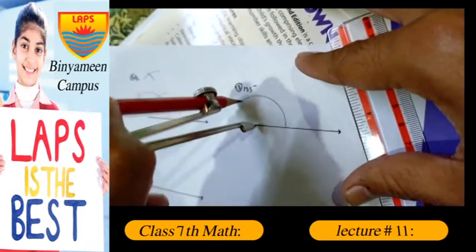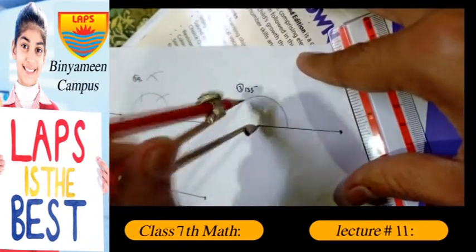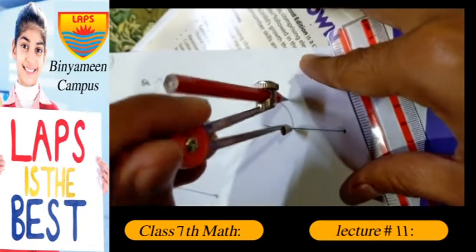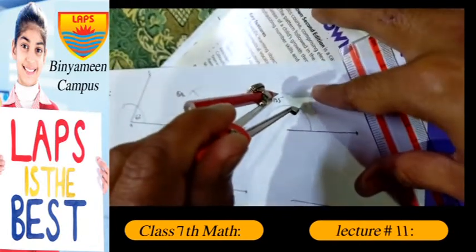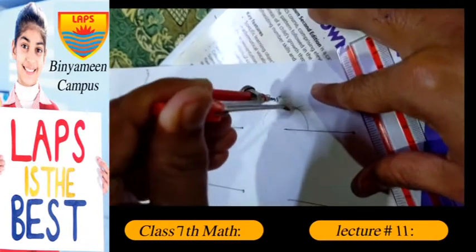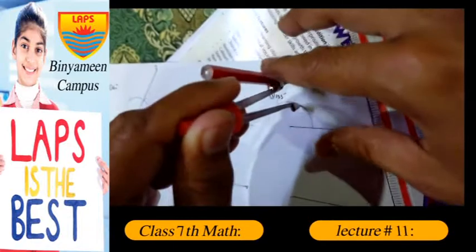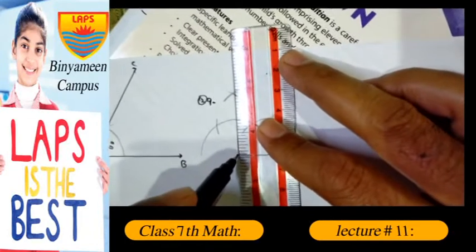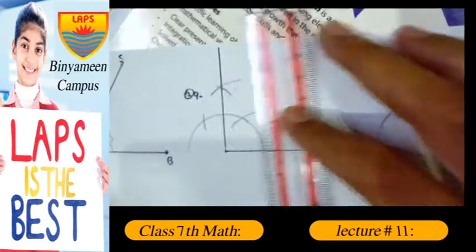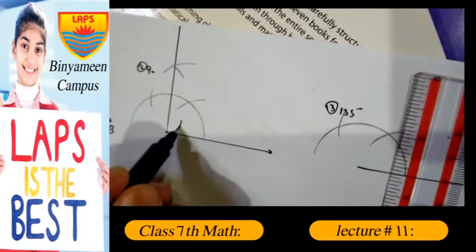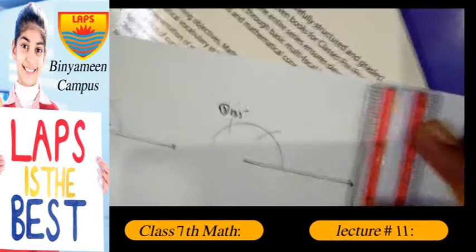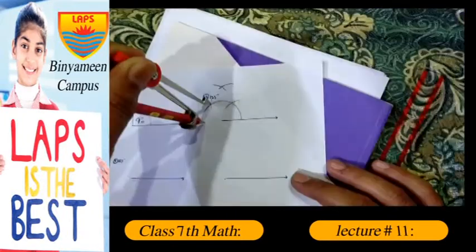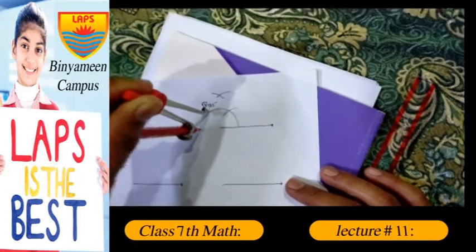Take a radius of any length. Draw the third arc of 180.